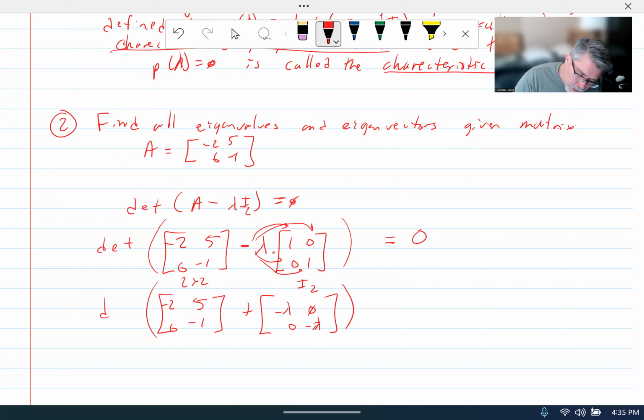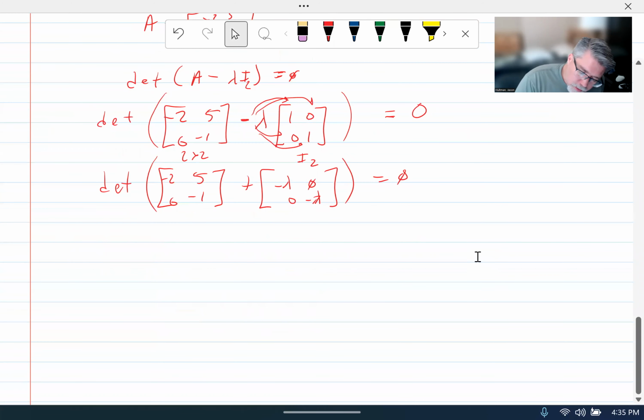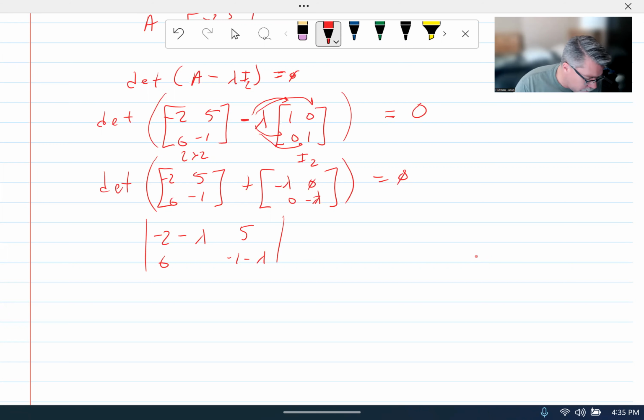Then the determinant of that, when is that equal to 0? So we've got -2 minus lambda, 5 plus 0 is 5, 6 plus 0 is 6, and -1 minus lambda. So let's take the determinant of that guy and set it equal to 0. I'm going to get -2 minus lambda times -1 minus lambda minus 6 times 5 is equal to 0.